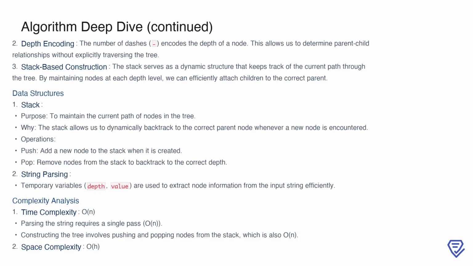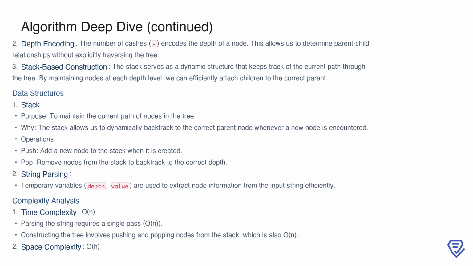In terms of data structures, the stack plays a central role. It dynamically maintains the nodes at various depth levels. Key operations include pushing a new node onto the stack when it is created and popping nodes to backtrack when necessary. Additionally, temporary variables like depth and value are used during string parsing to extract node information.